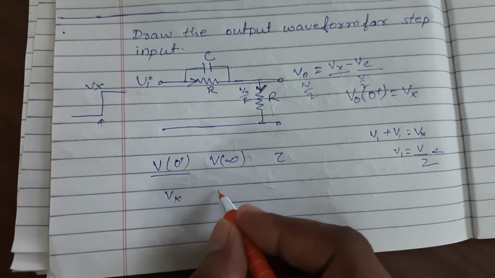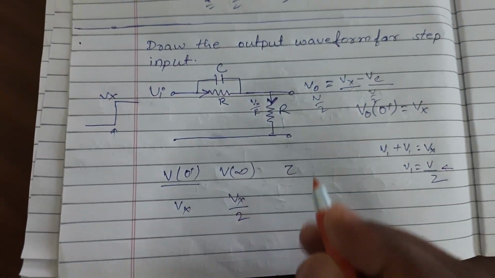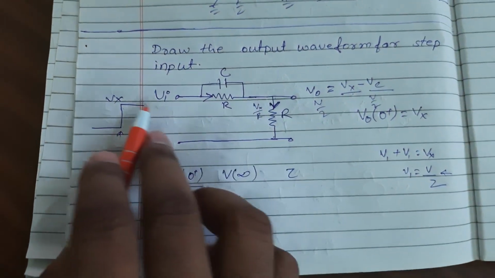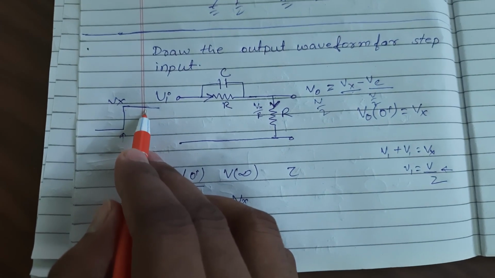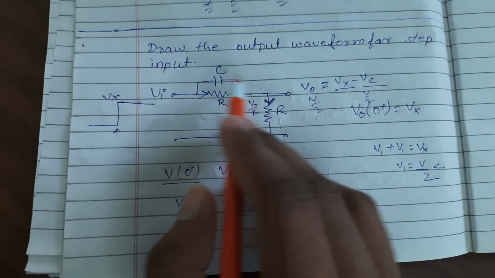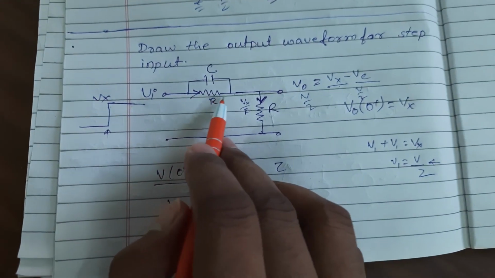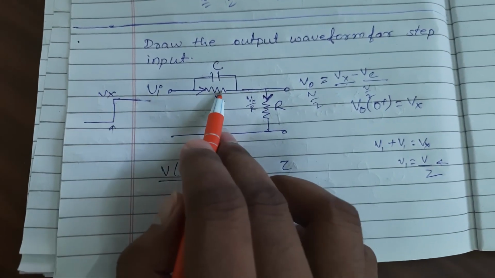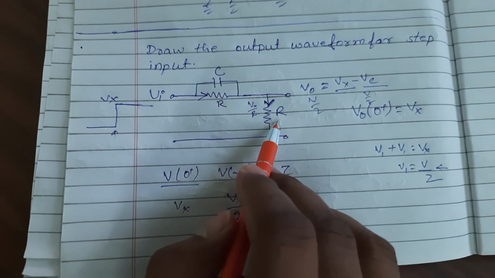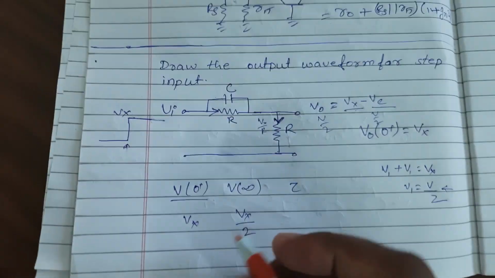At t is equal to infinity it will be Vx by 2. Also you can say that at t is equal to infinity, when the voltage will not change, it will be of low frequency, like 0 DC frequency. So at DC this capacitor will be open, and this resistor and this resistor will be in series. So this voltage will be divided between the two resistors, so it will be Vx by 2.